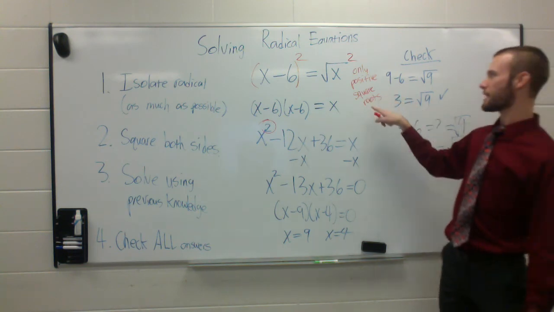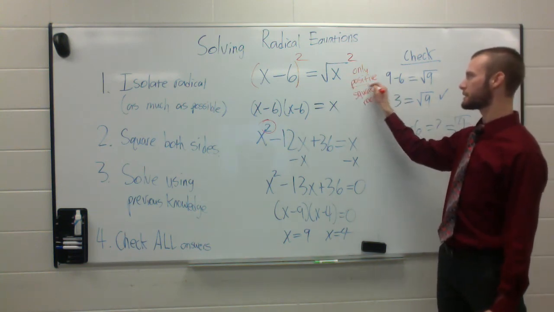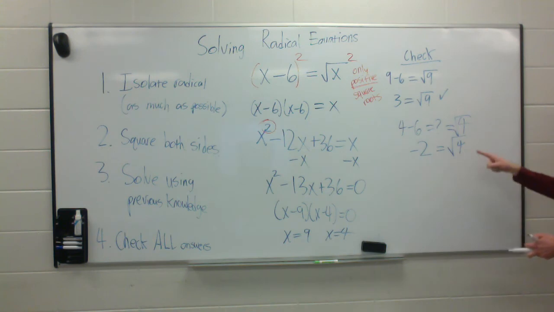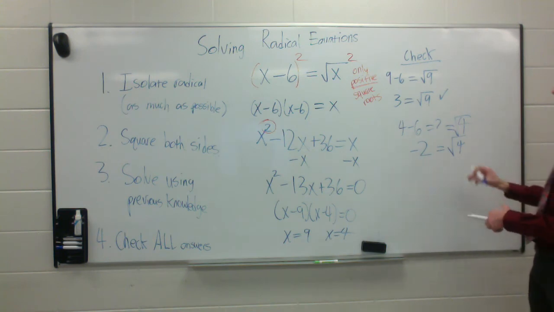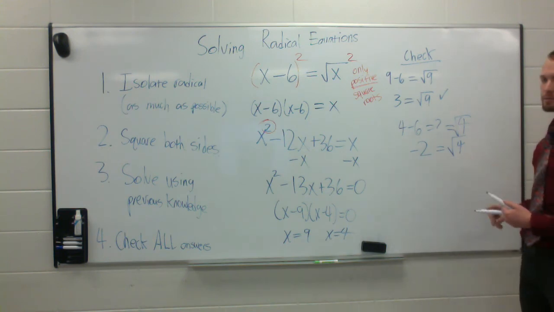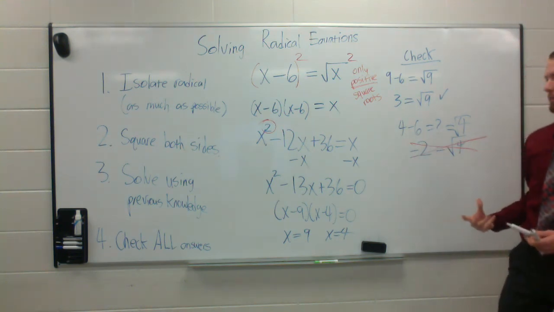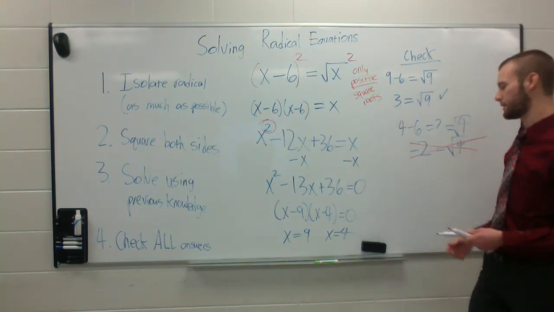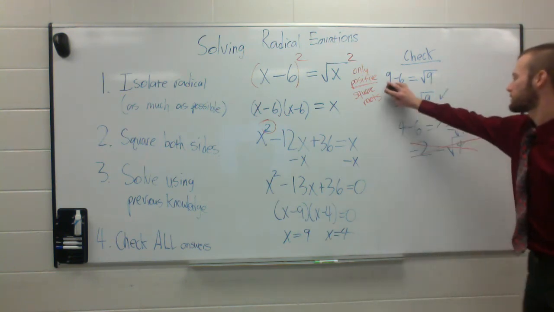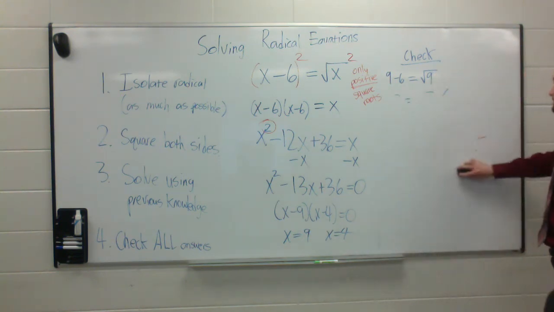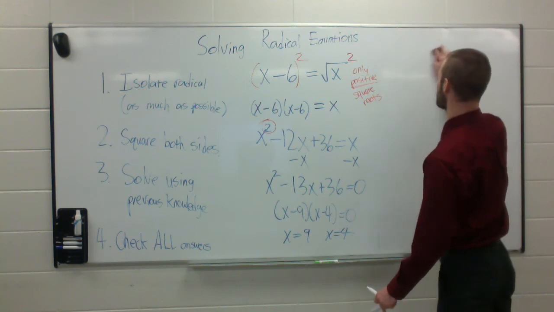But this does not have a plus or minus, so it's only the positive square roots. So the square root of 4 equals 2, and not negative 2. So this one doesn't work. We had a solution to our problem that ended up not working in our original equation. So this is what's called an extraneous solution.